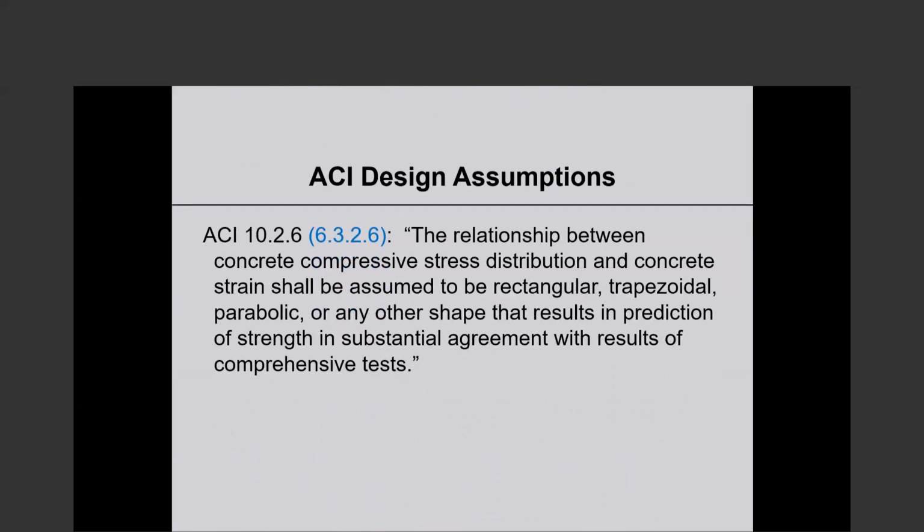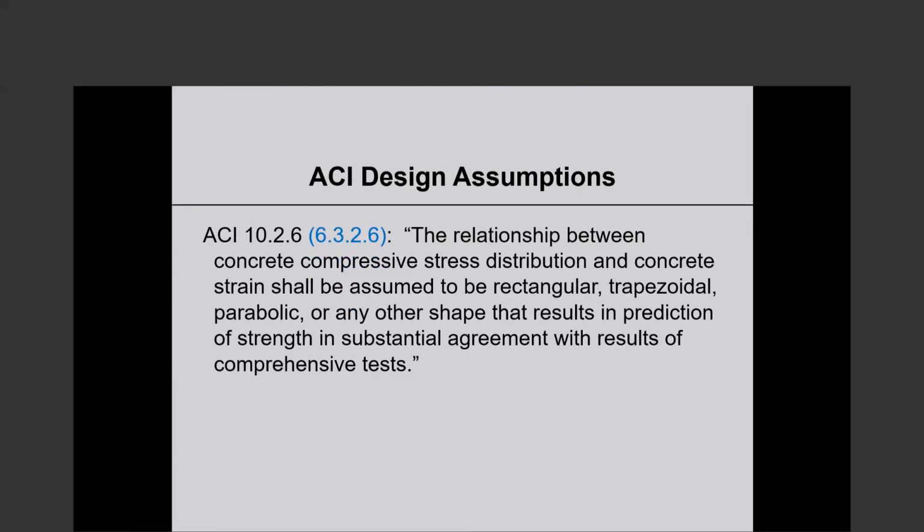The relationship between concrete compressive stress distribution and concrete strain shall be assumed to be, so actual stress-strain relationship is as you saw in the picture.